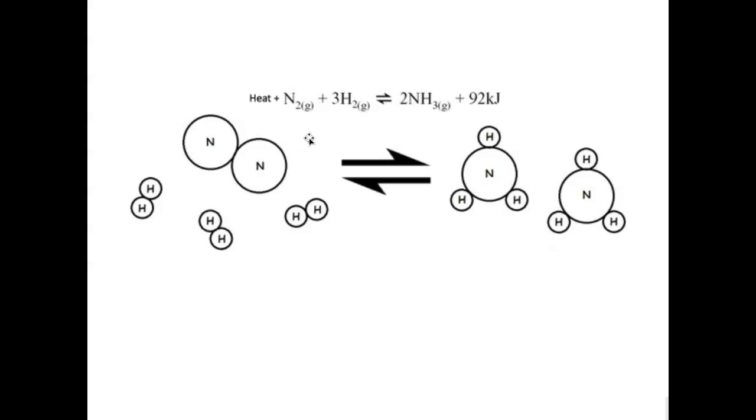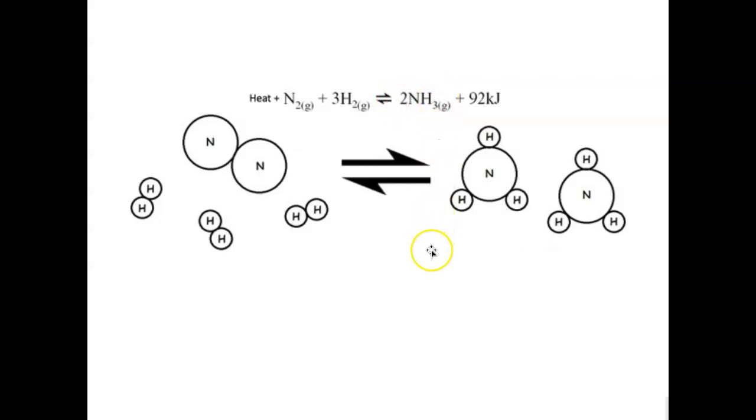Then we're going to treat heat as a reactant as we would anything else. Let's go back to concentration. If you increase the temperature of this reaction, what do you think will happen, given that heat is a reactant? You're going to make more product because you are adding more of the reactant. So it's going to shift to the right and increase the rate of the forward reaction.